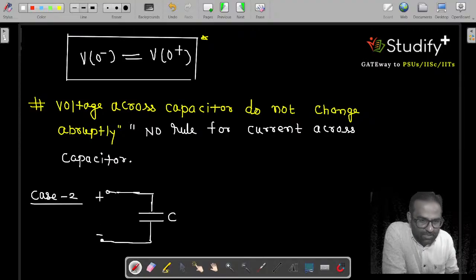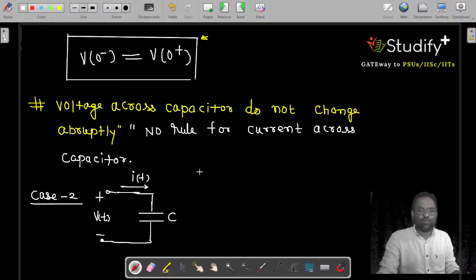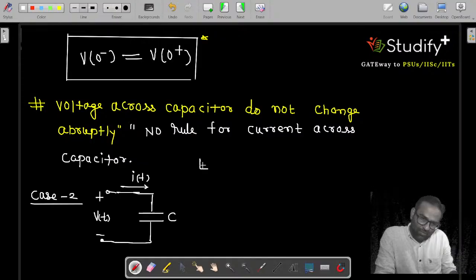This is the voltage applied across the capacitor, and this is i(t). How does a capacitor store the energy? It stores the energy in the form of an electric field, and the stored energy is half CV square.